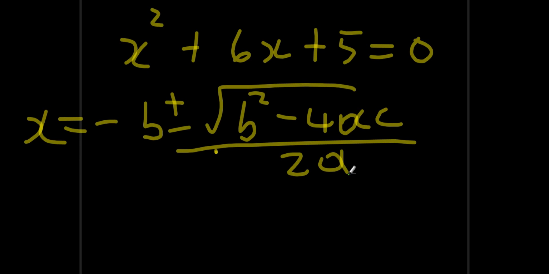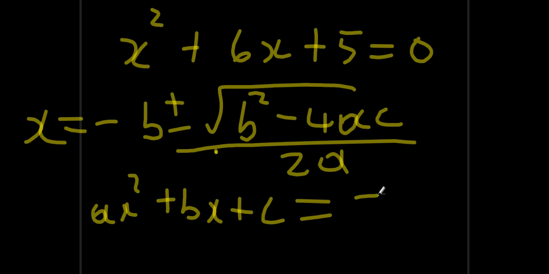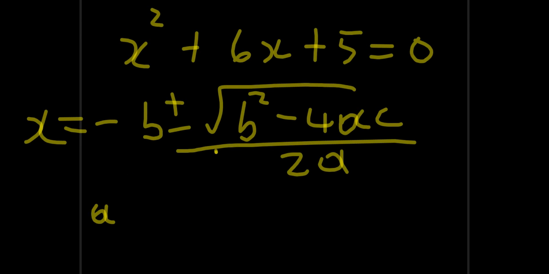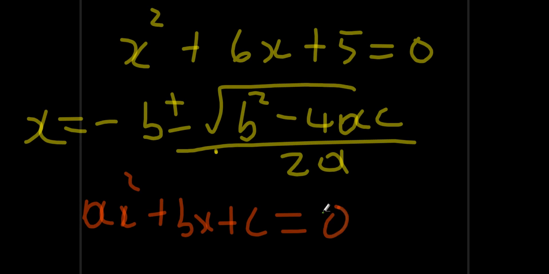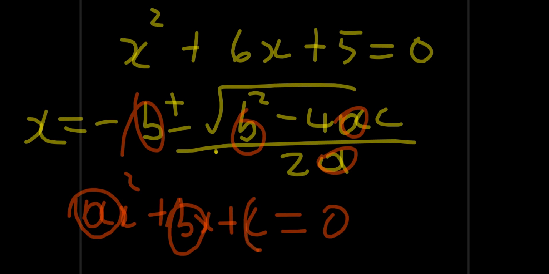Let's understand what these variables are. If we remember the general quadratic equation, ax squared plus bx plus c is equal to 0, this a represents the a in the formula, this b is the same b, and this c is the same c.